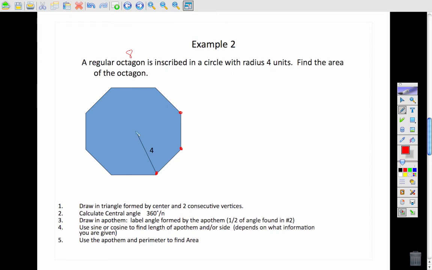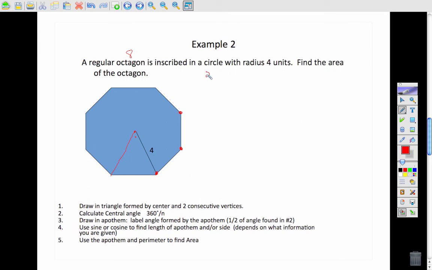And what we want to do next is draw in a triangle formed by the center and 2 vertices. So I'm going to start here at the center, and I just draw in another radius, forming a triangle. Now if I drew in all of these triangles, they'd all be the same size.